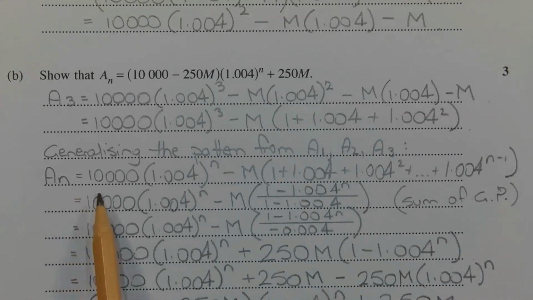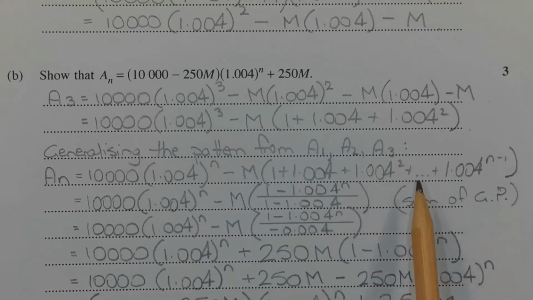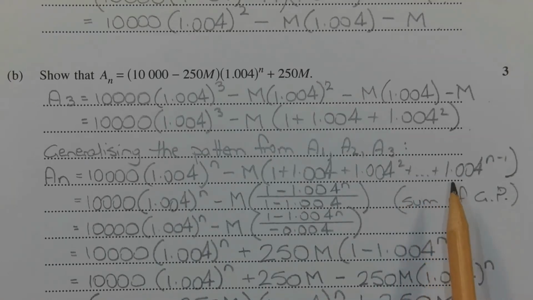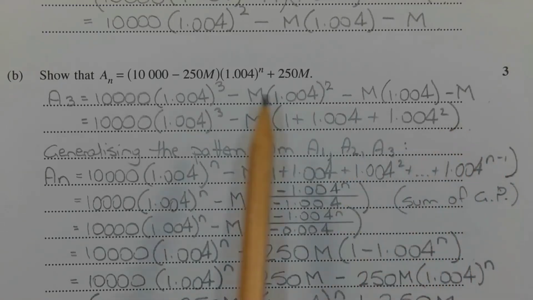So AN is equal to 10,000 times 1.004 to the power of n minus M outside of (1 plus 1.004 plus 1.004 squared plus ... plus 1.004 to the power of n minus 1). And we get this n minus 1 by observing the pattern from A3.